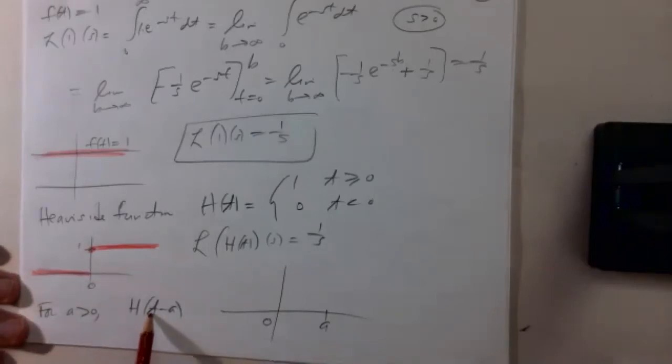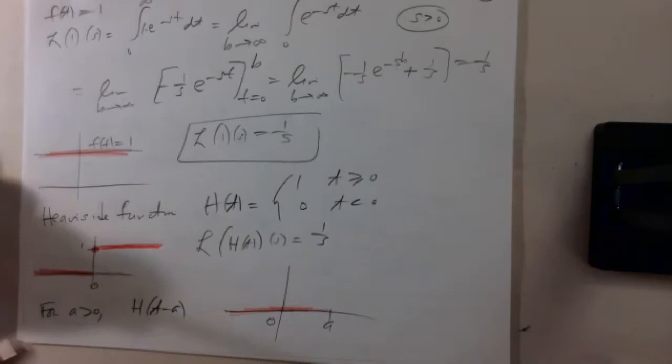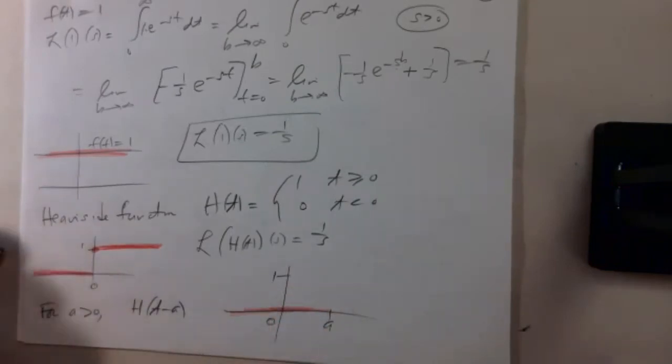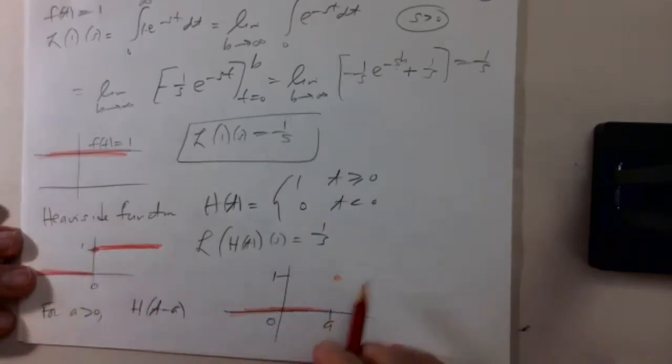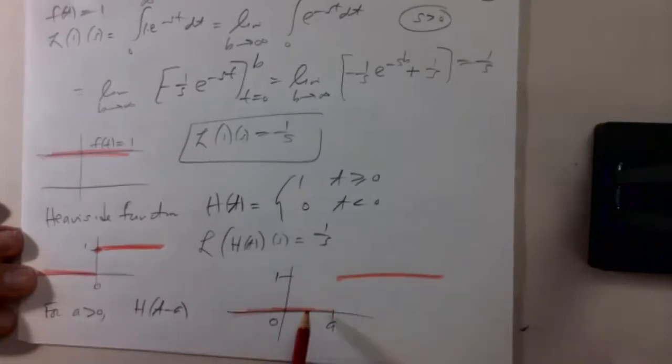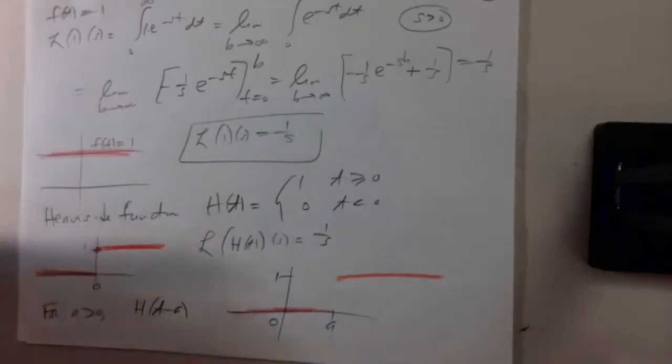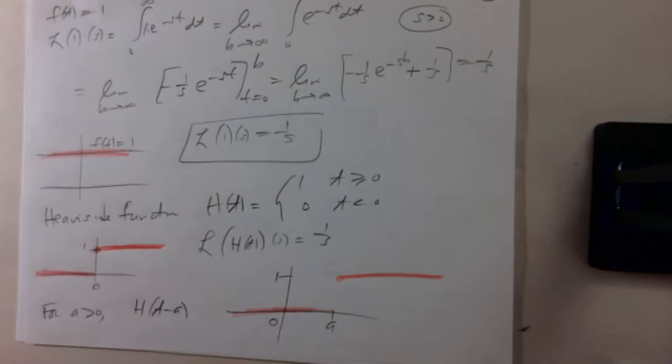So this function is 0 when t minus a is less than 0, or t is less than a, and it's equal to 1 for t greater than a. So this is the step function, but it steps up at a.